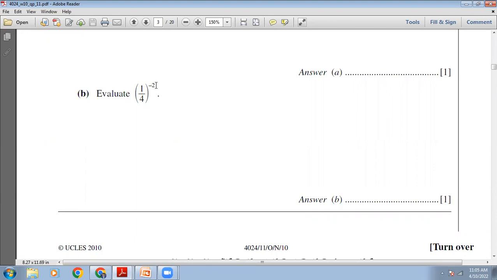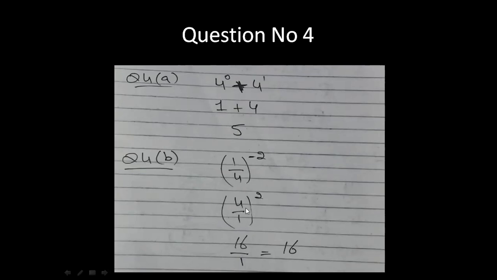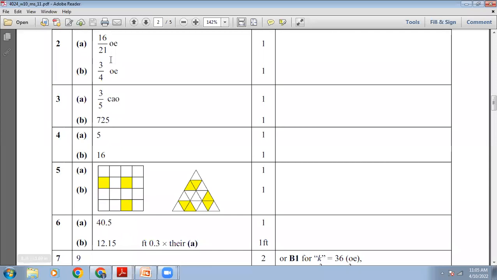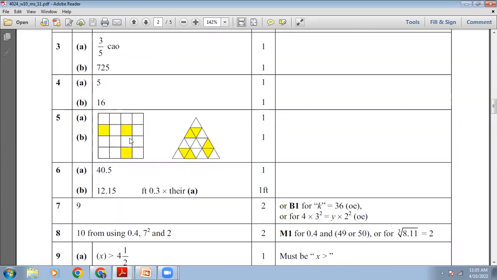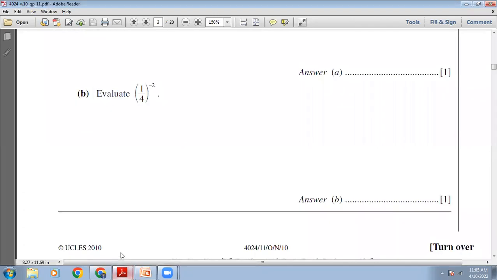It will become 4 by 1 raised to power 2. So 4 square is 16, 1 square is 1, so the answer is 16. Let's check. Yeah, the answer is 16. Okay, so we are good.